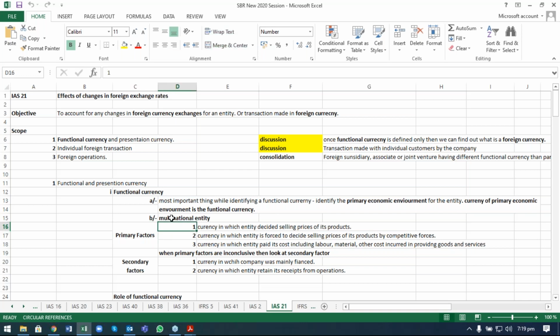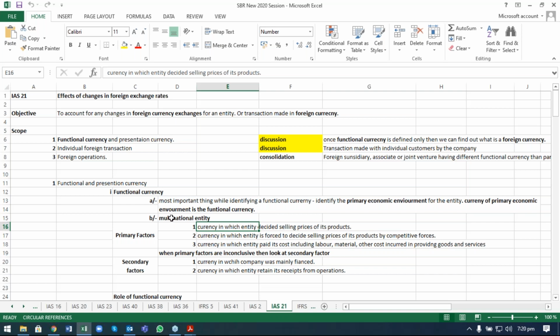The first primary factor is the currency in which the entity decides the selling price of its products. What is the main currency in which the company itself decides the selling price of its products, for selling those products across the globe or across all the economic environments within which the company is going to operate?